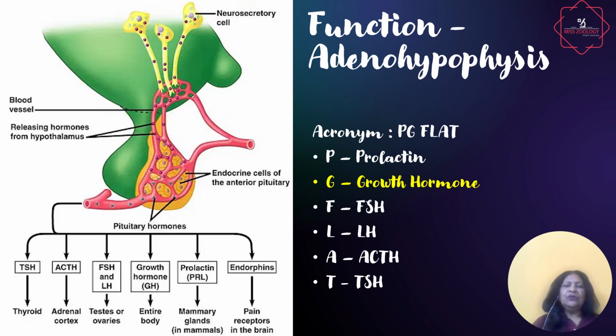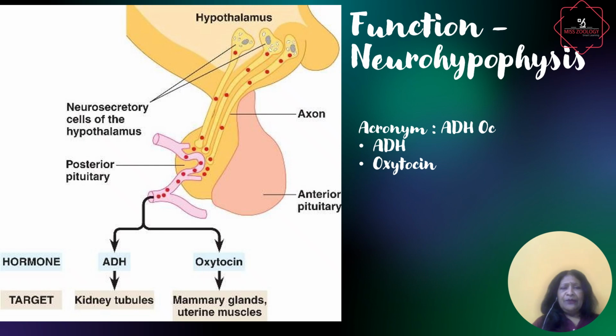Now we go to the neurohypophysis, the part shown in yellow color, continuous with the hypothalamus. Here you can see the neurosecretory cells, the cell body present in the hypothalamus called nuclei, and the long axons coming along the length of infundibulum and entering into the posterior pituitary.